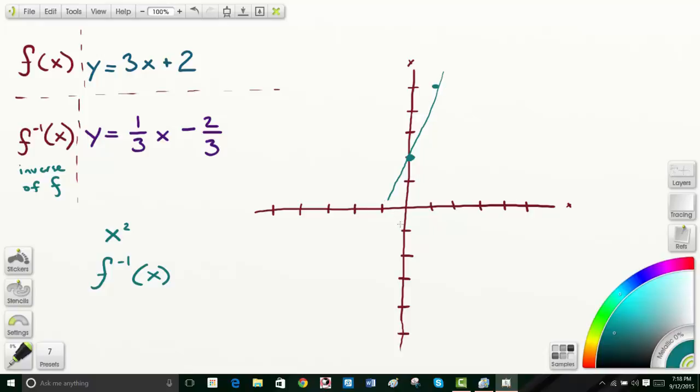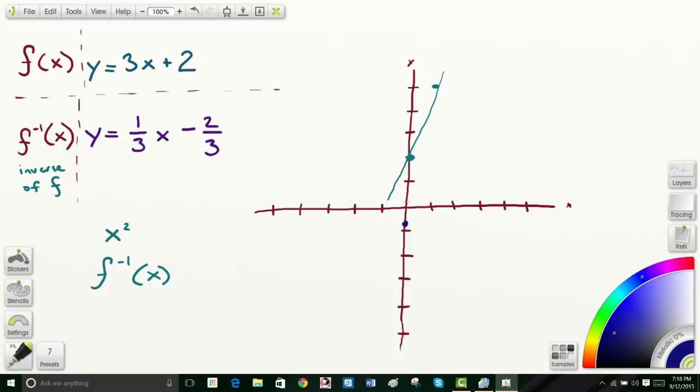Next, I'm going to draw, using a similar color, my inverse function. So again, I go to the intercept. In this case, it's -2/3. So that's a little bit weird. It means it's not quite 1. It's 2/3 of the way to 1. And then I find the slope, which is 1/3. That means it's rise over run, so we go up 1 and over 3.